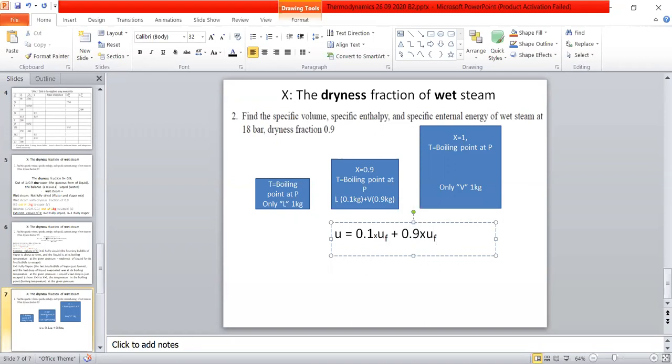The Ug is there. You can get this from the steam table.